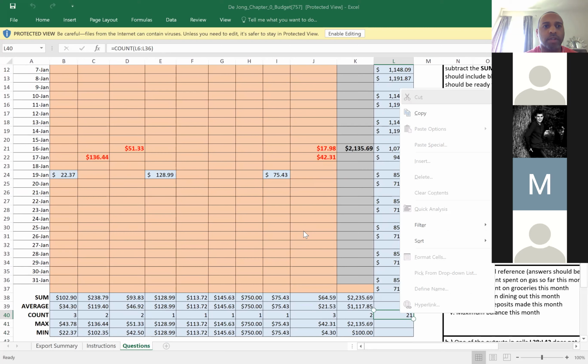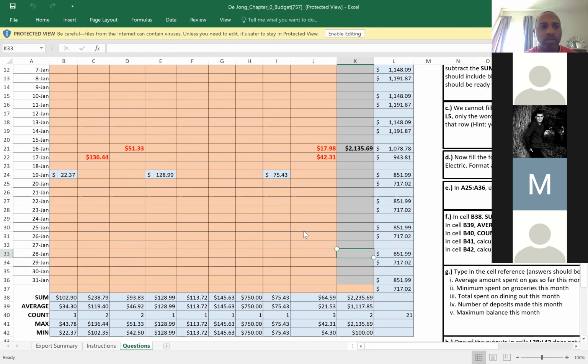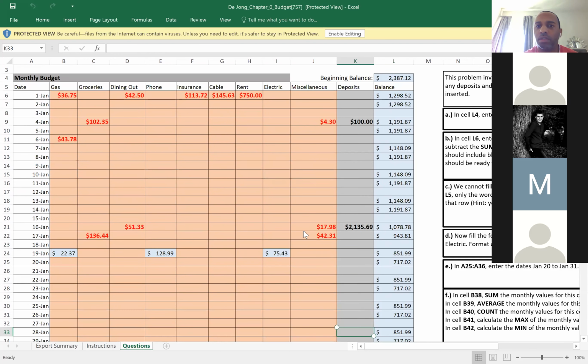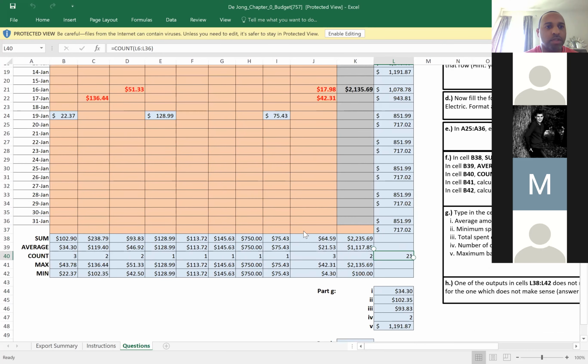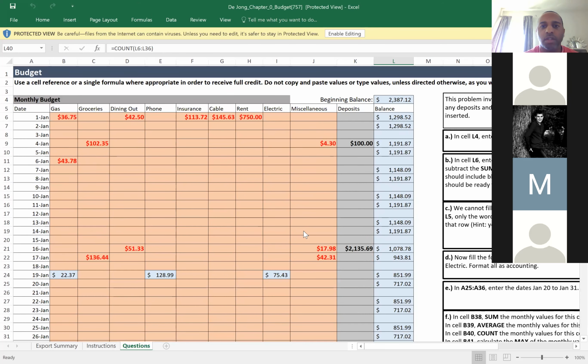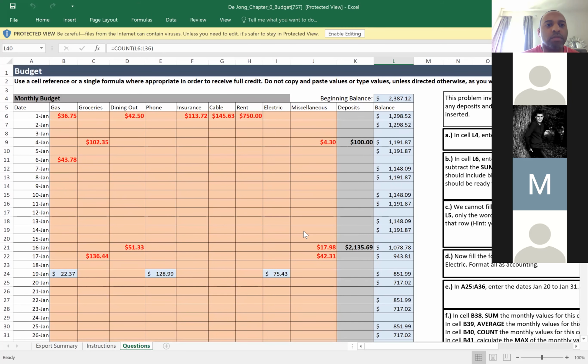In there you have count L6 through L36. So it's not doing the sum. It most definitely isn't counting. But you would think that, now, how did you get that right there?